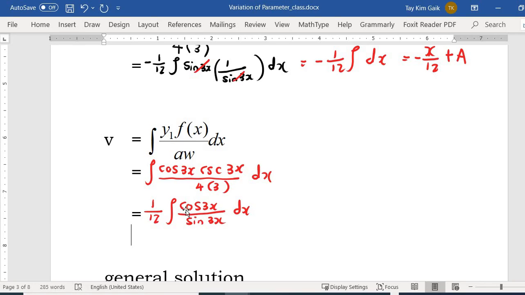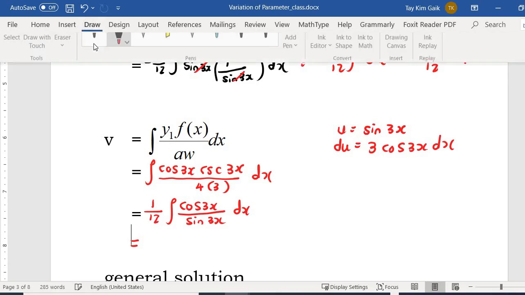So how do we integrate cos 3x over sin 3x? You may use substitution. You let u equal to sin 3x. Then differentiate sin 3x, du is 3 cos 3x dx.